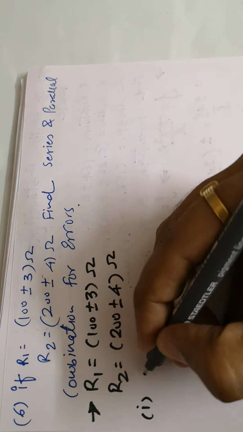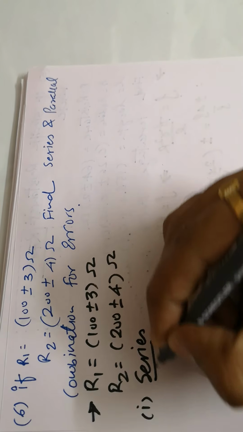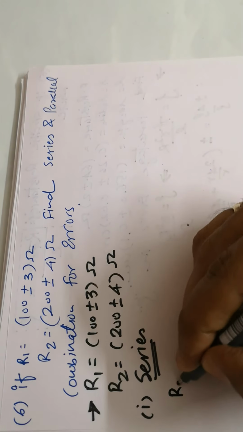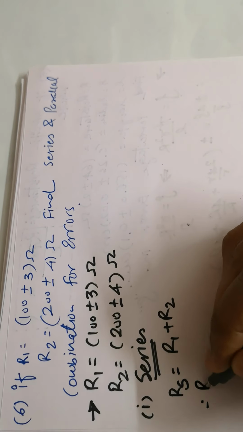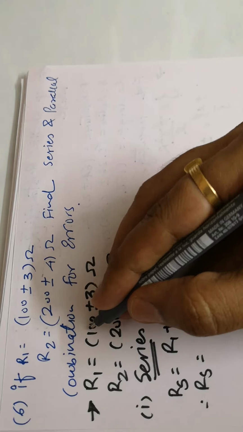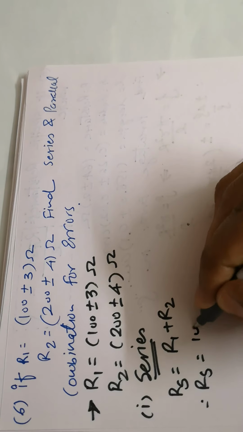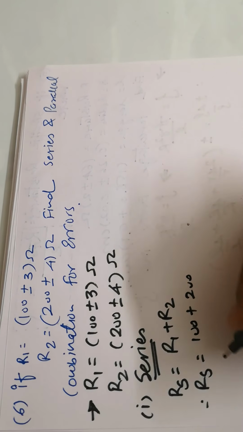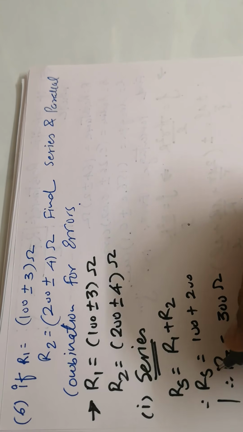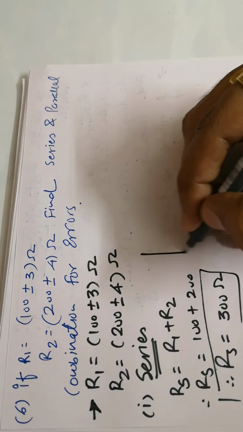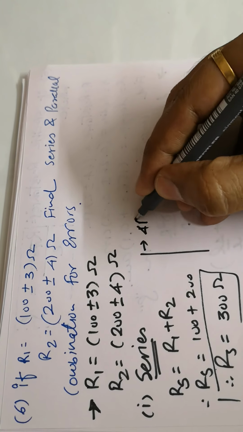First of all we will discuss series, which is very simple. You are aware of such a formula in 10th: R1 plus R2. So directly you can say these are the initial data, 100 and 200, so I have Rs is 300 ohms. Next is delta Rs.